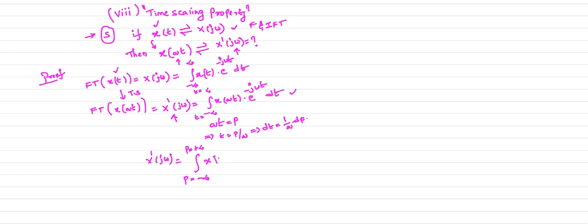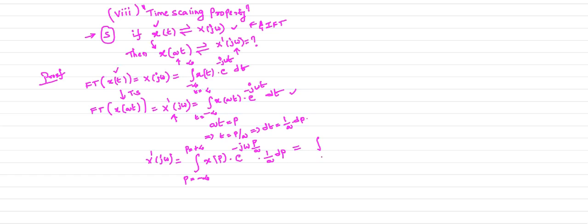So here x of p into e power minus j omega, and what is your t? Your t is nothing but p by a, and your dt is nothing but 1 by a times dp. So that is the equation. I want to write this in terms of the standard form.